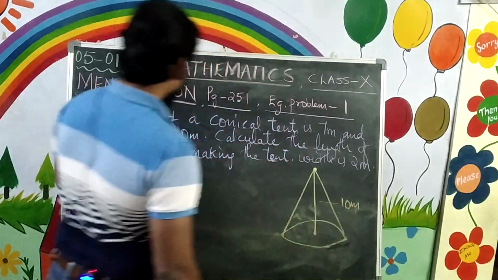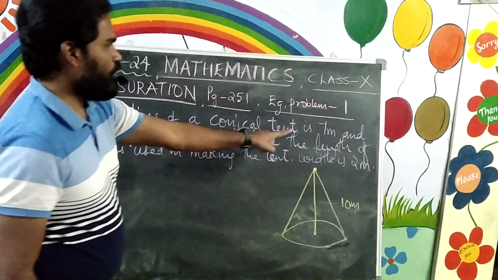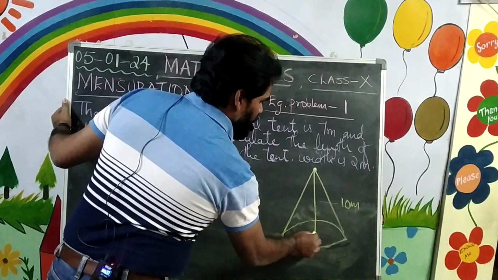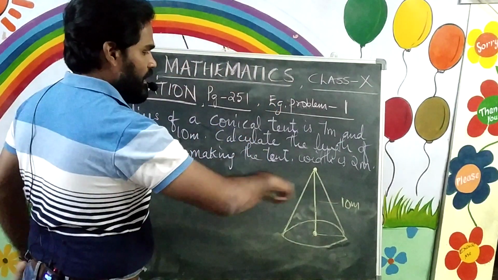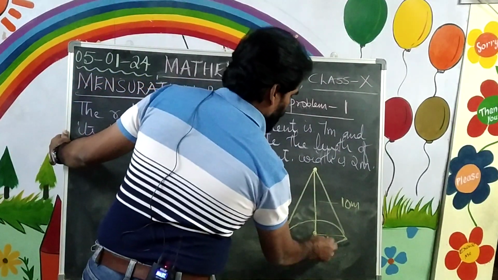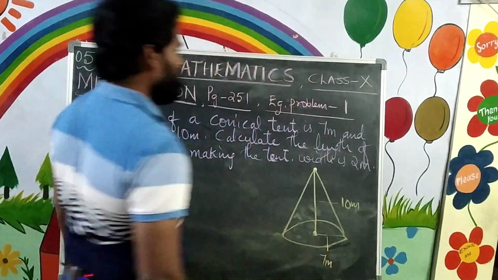After this, the next point to understand is the radius of the conical tent is 7 meters. From the center of the circle to any point on the circle, if you draw, that line is called the radius, and according to the sum, it is 7 meters.